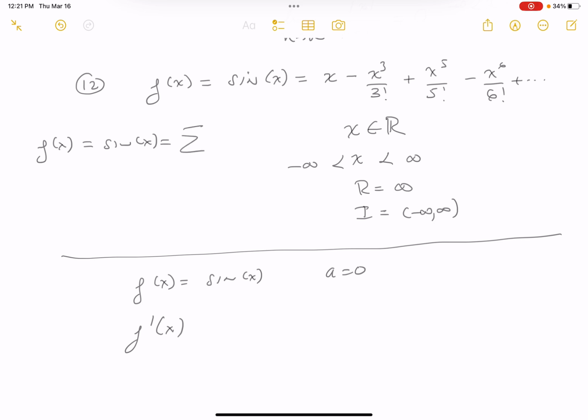I'm still going to start at 0, because I think it's pretty typical to start at 0. So n equals 0, off to infinity, and then I write down minus 1 to the n. It's an alternating series, and then it looks like odd powers. So I'll write down 2n plus 1 over 2n plus 1 factorial.